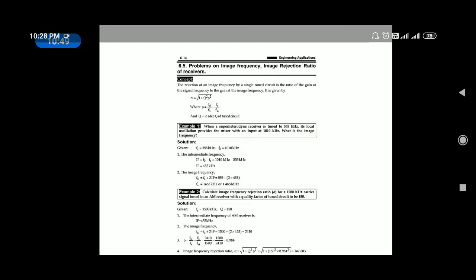Here they provided the output of the local oscillator and the tuned frequency of the super heterodyne receiver, and you need to calculate the image frequency. It's very simple. I will take a diagram so that you can understand.